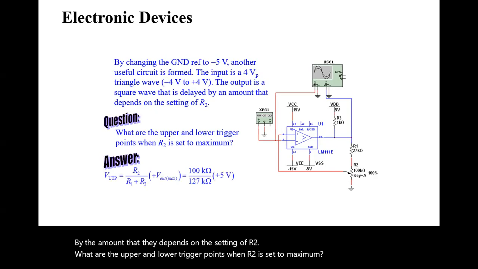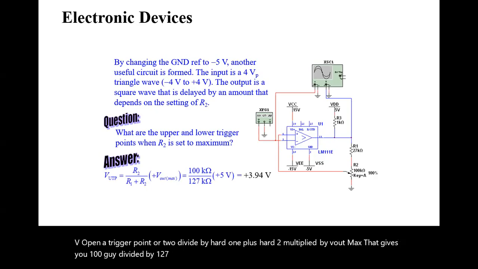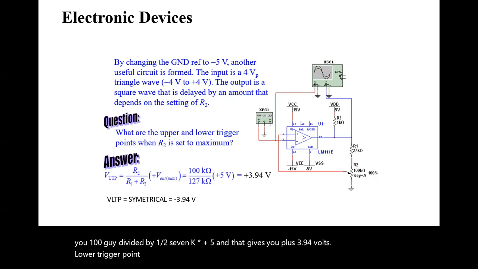The upper trigger point is R2 divided by R1 plus R2 multiplied by V out max. That gives you 100K divided by 127K multiplied by plus 5, which gives plus 3.94 volts. The lower trigger point, symmetrical, is negative 3.93 volts.